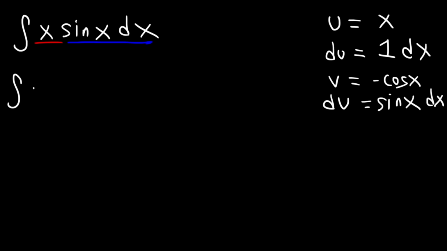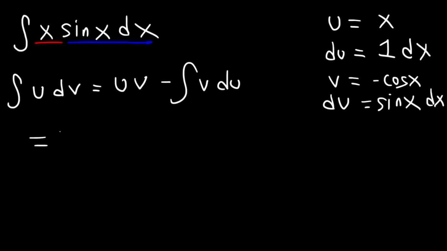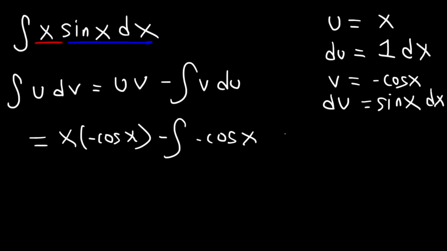So using the formula, the integral of u dv is equal to u times v minus the integral of v du. So u is x, v is negative cosine x, and then minus v, and du is 1 dx.